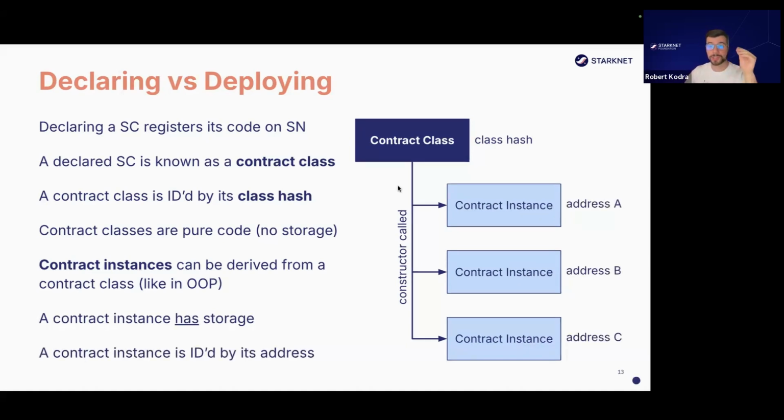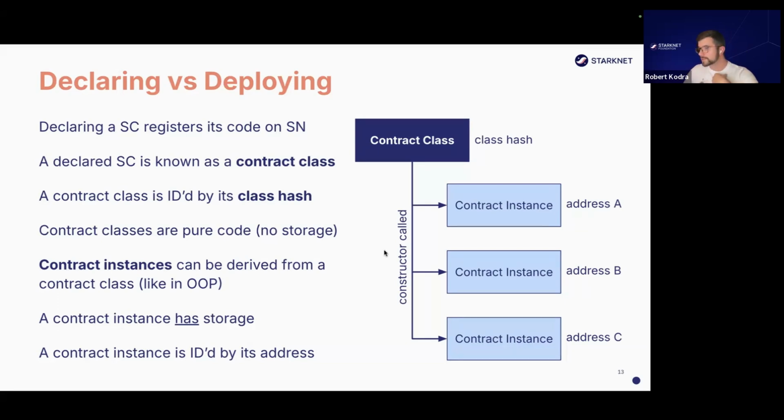Just to recap, a contract class acts as a blueprint that has a unique class hash. It's pure code, with no storage, nothing else. Deploying contracts is creating instances of this contract class, and these contract instances have unique storage and a unique address attributed to them.